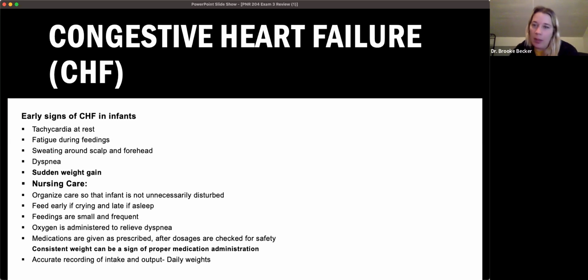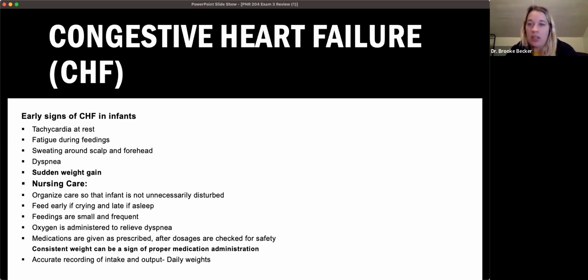You want to feed them early before they get to that point. Otherwise, they're going to be way too fatigued to even want to eat, okay? If they're really sleepy, you maybe want to let their feeding go a little late and try it a little bit later, okay? They're going to get a smaller amount of feeding at more frequent intervals, because these kids are going to be worn out.